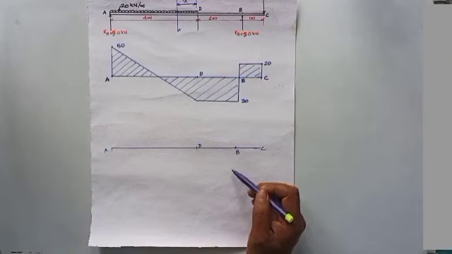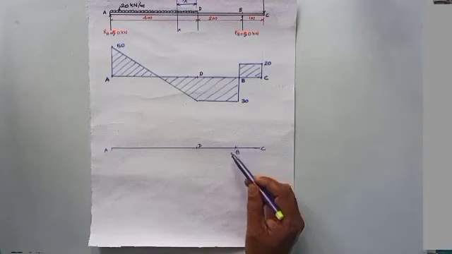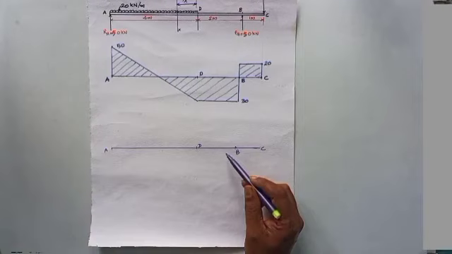So again, in order to connect B and D, we can use a straight line, and at the point A the bending moment is 0. Therefore, in order to connect A and D, you must use a curve.